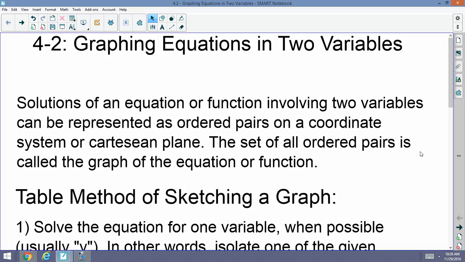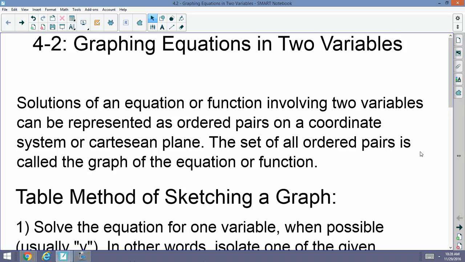X is independent. Now, when we're talking about graphs of equations with two variables, x and y, the solutions of an equation or of a function involving two variables can be represented as ordered pairs on a coordinate system or Cartesian plane. What does that mean?